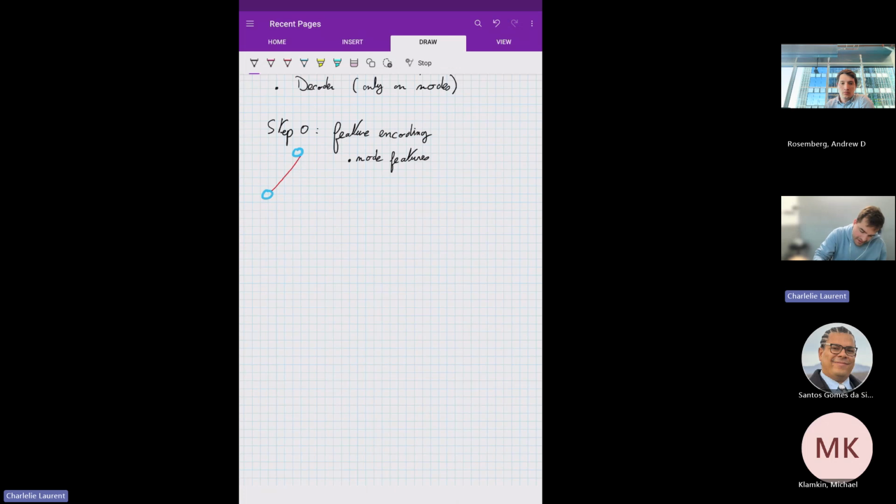There could be different types of features. The first type you might think of is continuous variables.